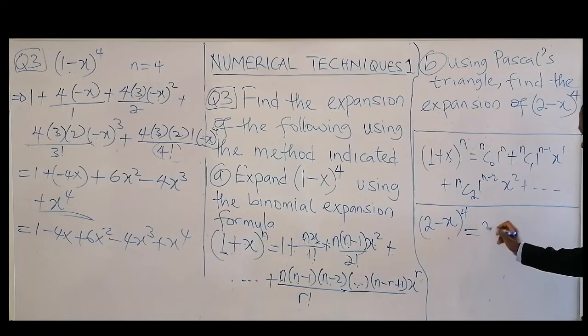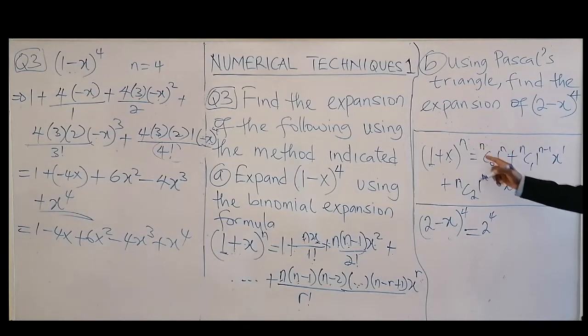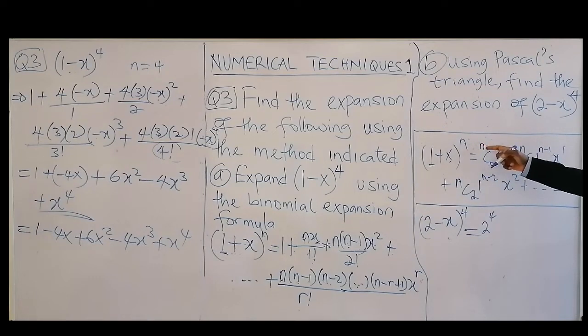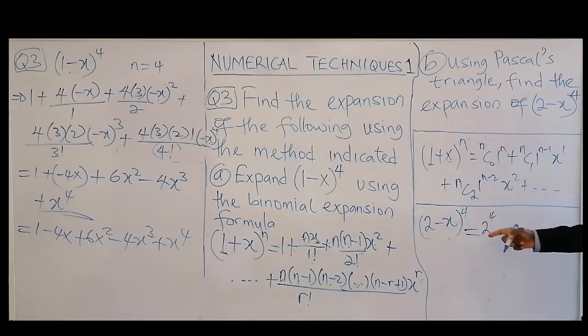This will be equal to 2 power 4. N combination 0 will be 1, irrespective of what you have here. If it's 4, so 4 combination 0 is 1. So 2 power 4.